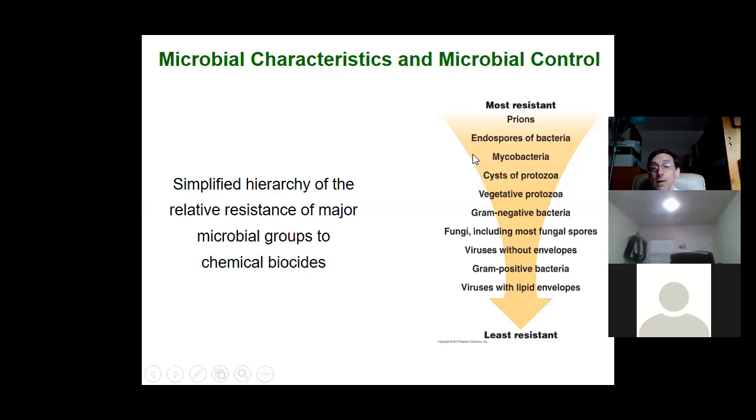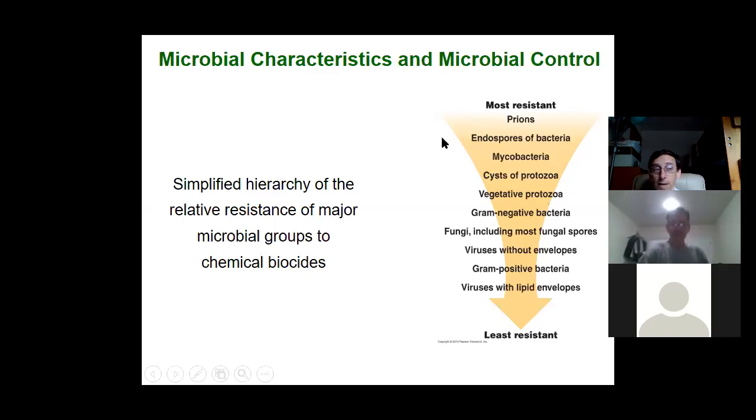The mycobacteria are then, generally speaking, more resistant and harder to kill than the cysts of protozoa. The endospores for living organisms are the most resistant life form. They're very difficult to kill. There's only a few agents that are effective at killing endospores.